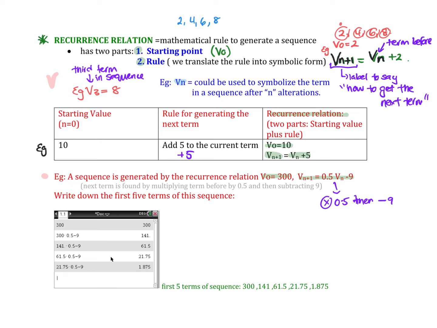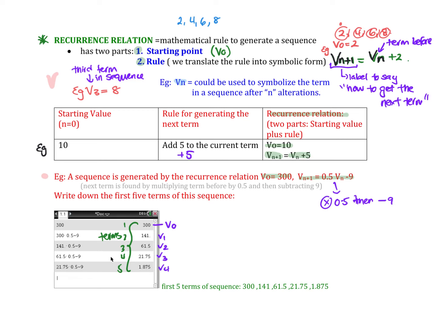Okay, so we're calling this one V0, that's the initial. So we'll call this V1, V2, V3, V4. Now, that's the value for the rule, but what they often say is that these are the terms. So we've got 1, 2, 3, 4, 5, so they're including the first one in their terms.